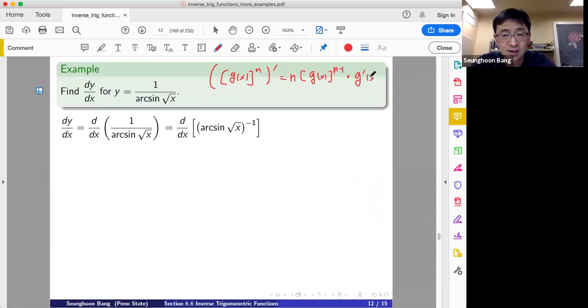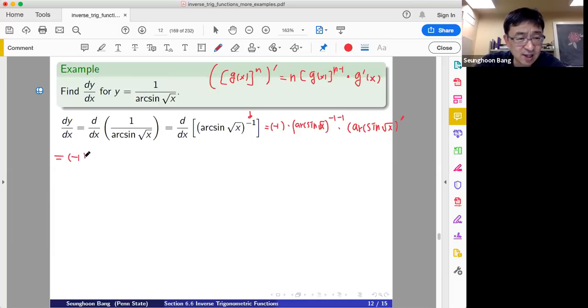This is the idea. So this is the same here. The minus 1 is the power coming down. Minus 1 times the inner function to the minus 1 minus 1. So like this, this is arcsine of root x times the derivative of the inner function, arcsine of root x prime. So what's that?